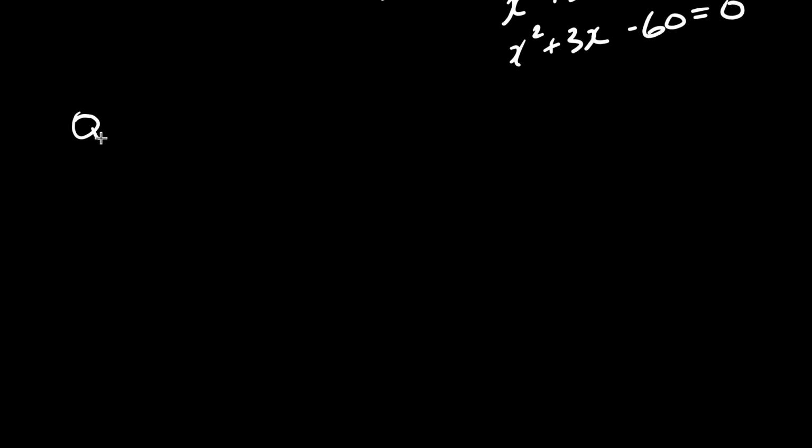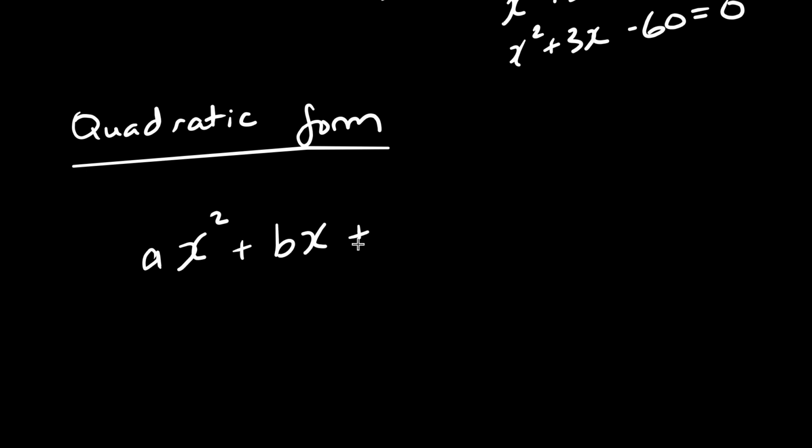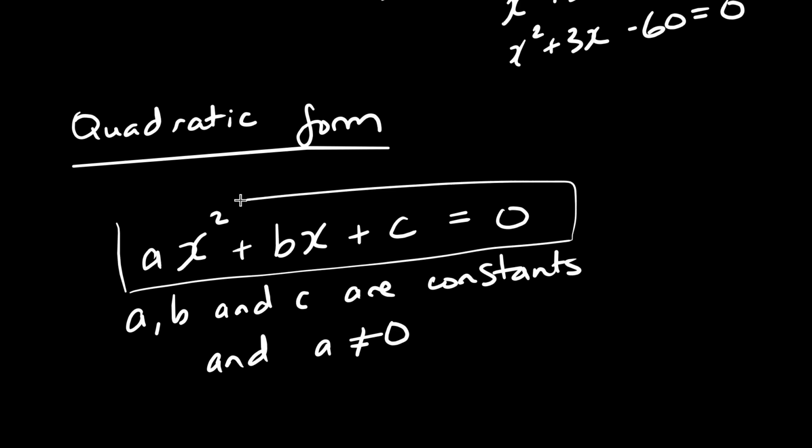So our quadratic form as we know it is quite literally a term in x squared times some constant, plus a term in x times some constant, plus a constant, which is equal to 0. Here, a, b, and c are constants, and a cannot be 0. So this is our quadratic form.